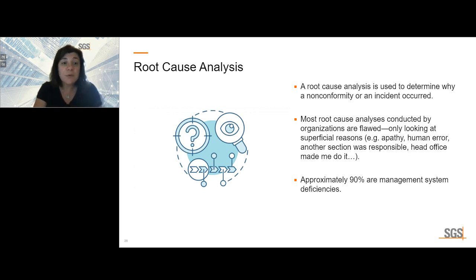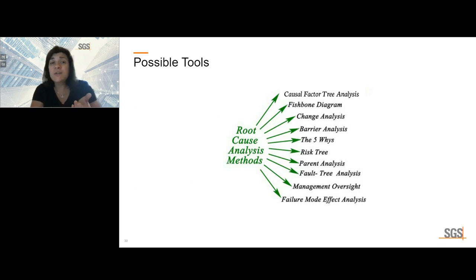Some of them include the causal factor tree analysis, the Fishbone Diagram, which happens to be one of my favorite ones because it really allows me to call in people from different areas. There's change analysis, another very popular one. The 5 whys, which is another one of my personal favorites. There's risk tree, parent analysis, fault tree analysis, and obviously others as well.